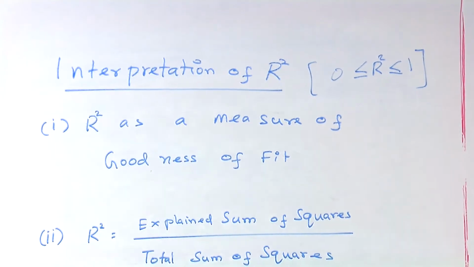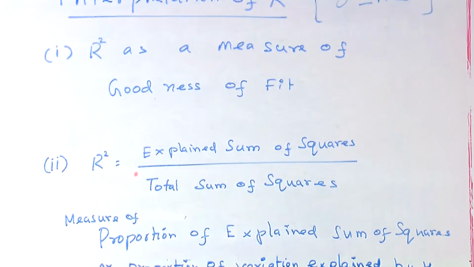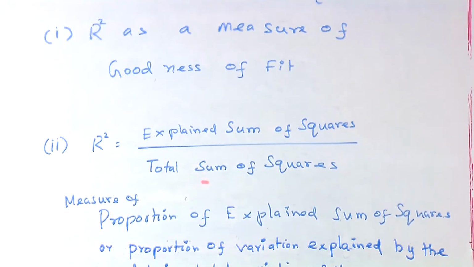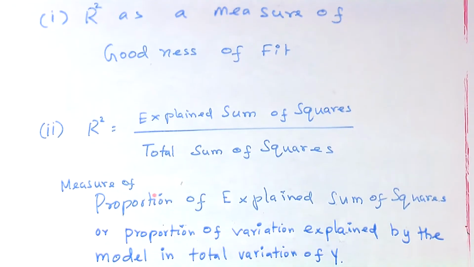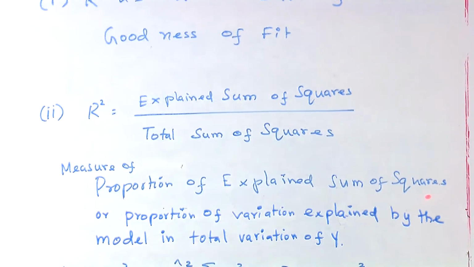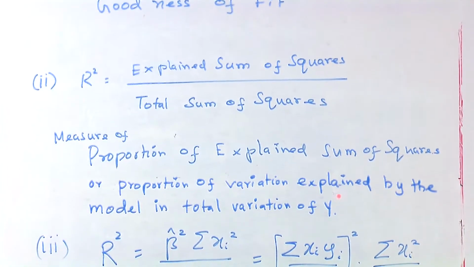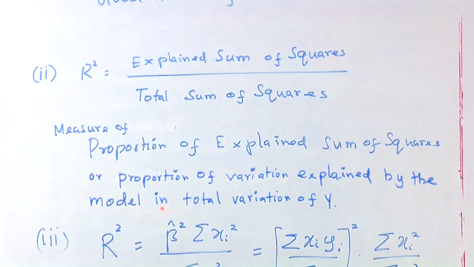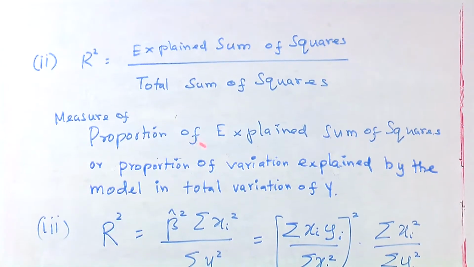Secondly, r square is also explained as explained sum of squares divided by total sum of squares. So it is taken as a measure of the proportion of variation explained by the model in the total variation of y. So this is another measure.